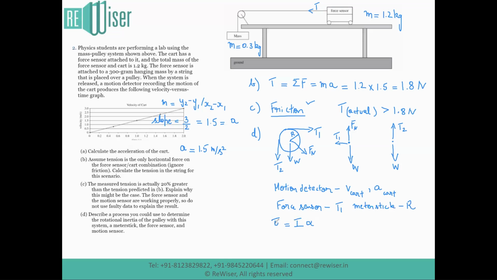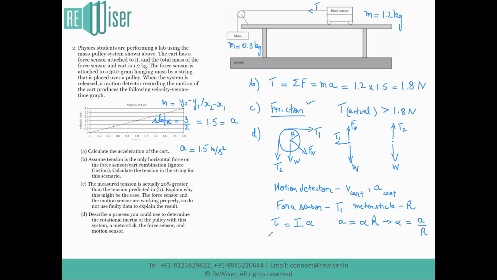Here force F is replaced by torque tau, the mass of a body m is replaced by moment of inertia I, because that is the rotational equivalent of mass, and linear acceleration a is replaced by angular acceleration alpha. A and alpha are related by a equal to alpha times capital R, which helps us rewrite the equation as alpha is equal to a by capital R.